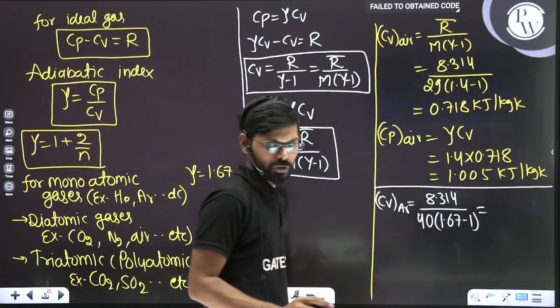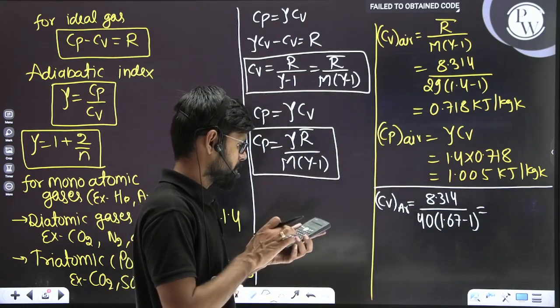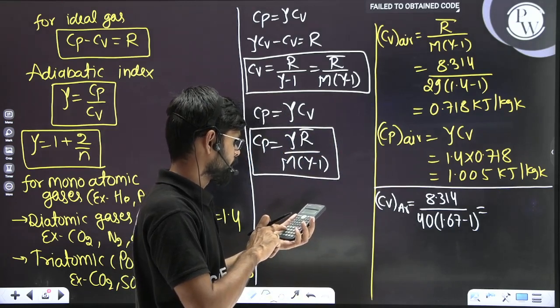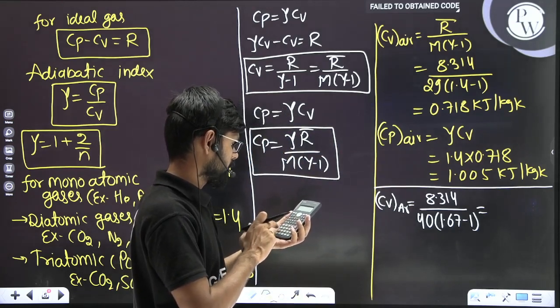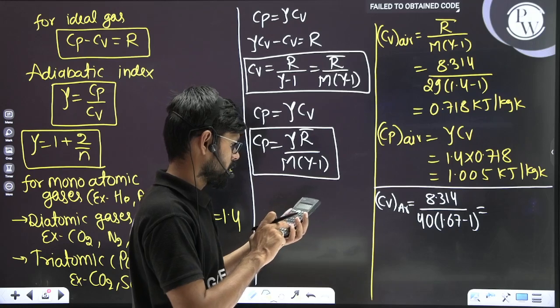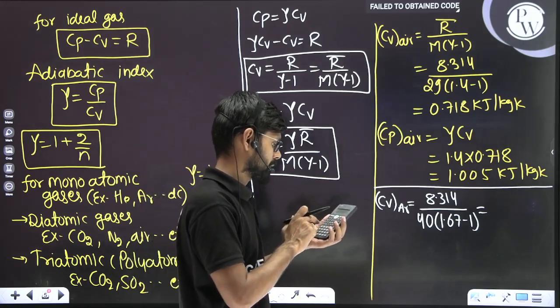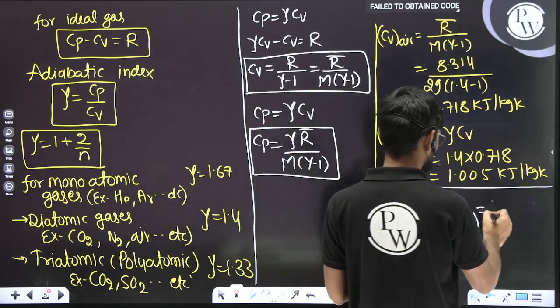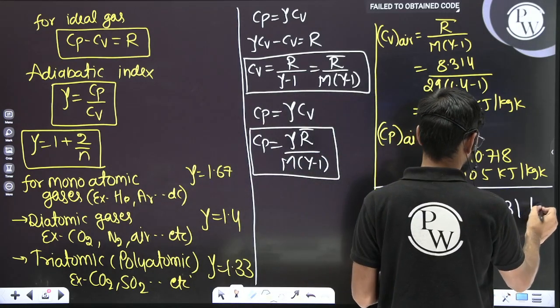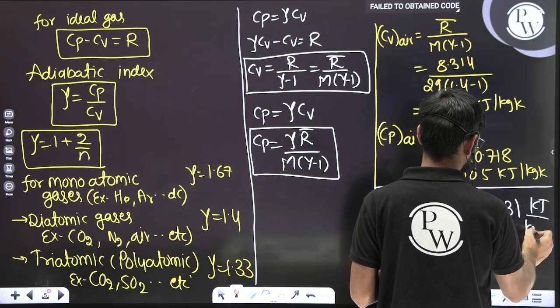You just try to solve this. I also don't remember, I need to calculate this value. So 8.314 divided by 40 divided by 0.67. So this value will come 0.31 kilojoule per kg Kelvin.